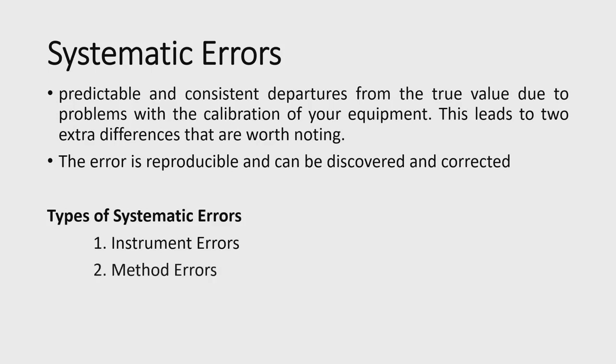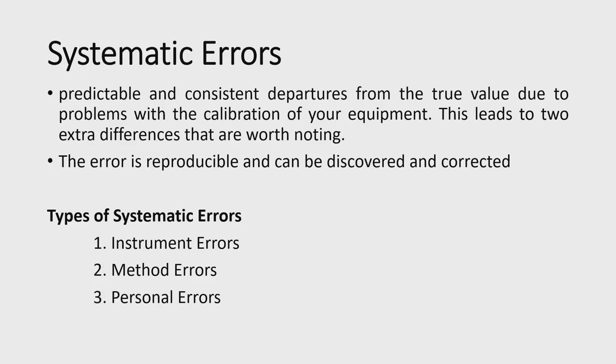The second one is method errors. If we have a series of observations, particularly when doing a series of experiments, we commit method errors, maybe in sampling procedures. We have a lot of samples and we have used a wrong sampling technique for that data, and method errors will arise from that.